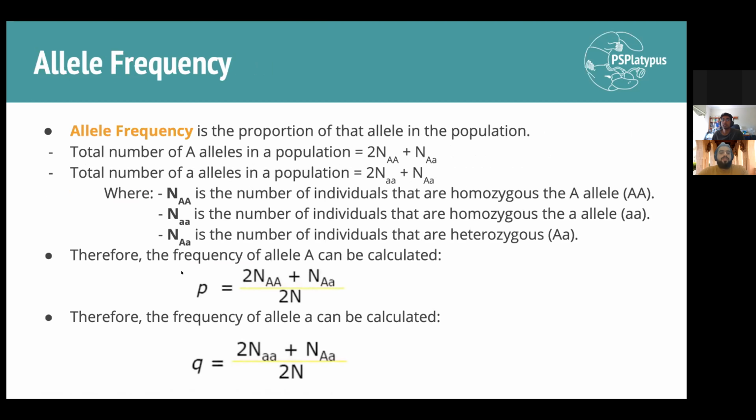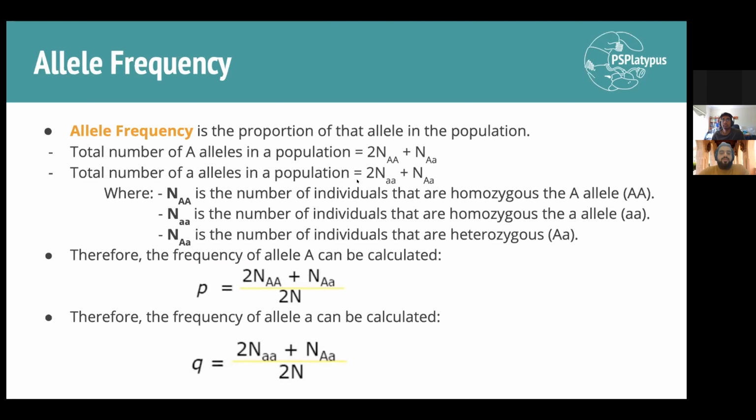Allele frequency is the percentage of that allele in a population. If we have an allele, we will name it A. The total number of all A alleles in a population is equal to the number of individuals that are homozygous for this dominant allele multiplied by 2, plus the number of people in this population that are heterozygous for that allele.